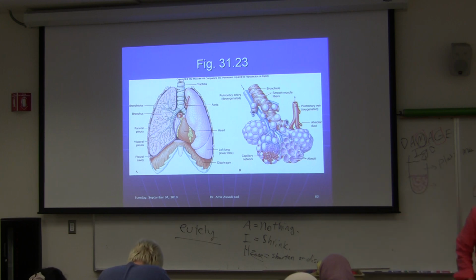And then you know the passage. Let me write it down because some of you guys might get confused. Right here you have aorta. Blood goes from heart to aorta to artery to arteriole. From arteriole, look at my colors.